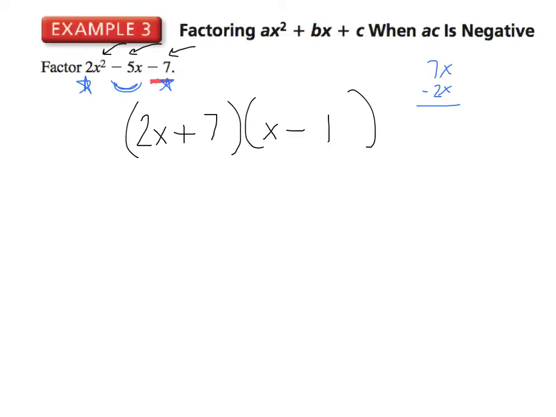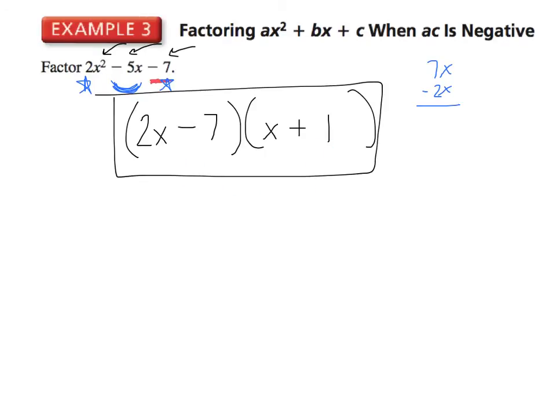I want negative 5x. Here's the trick. If the only thing that you need is to change the sign, then all you do is switch the signs around. And in this case, we now get negative 7x plus 2x, which gives me the correct middle term of negative 5x.